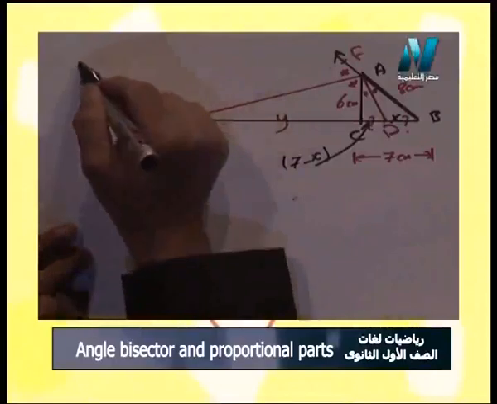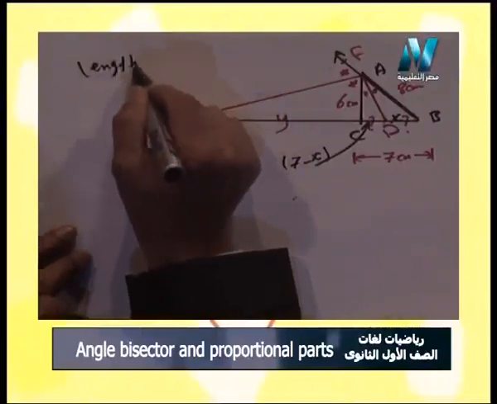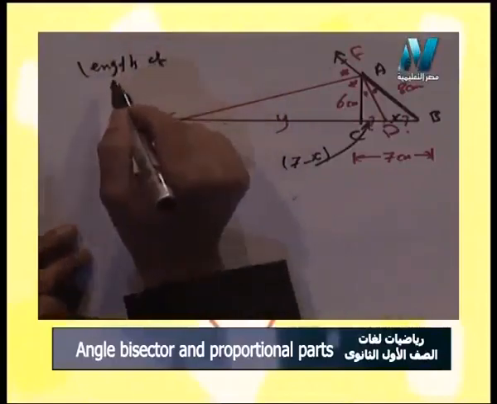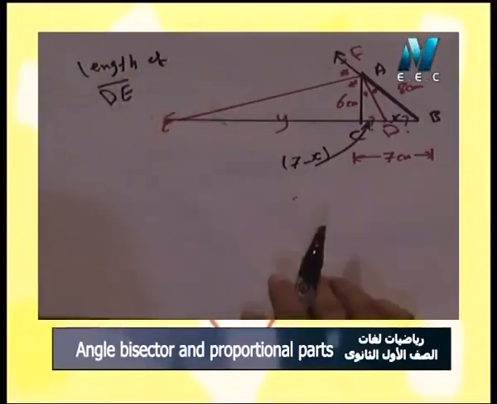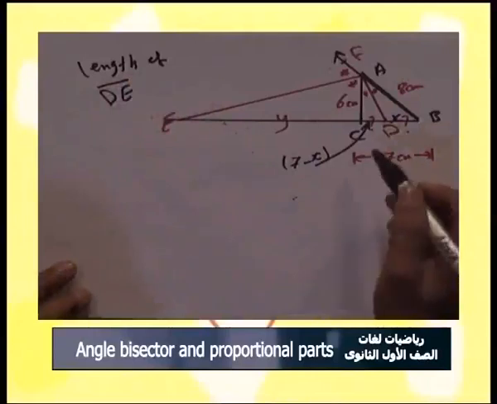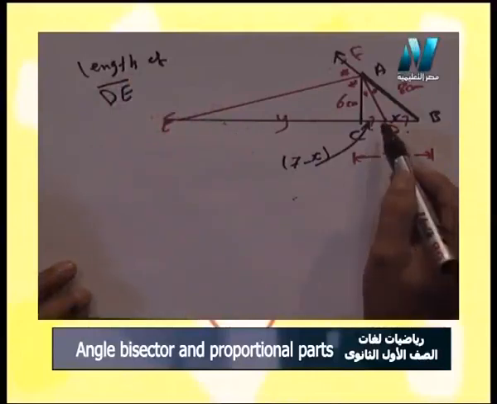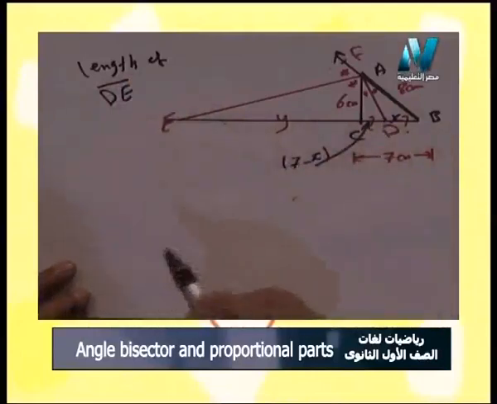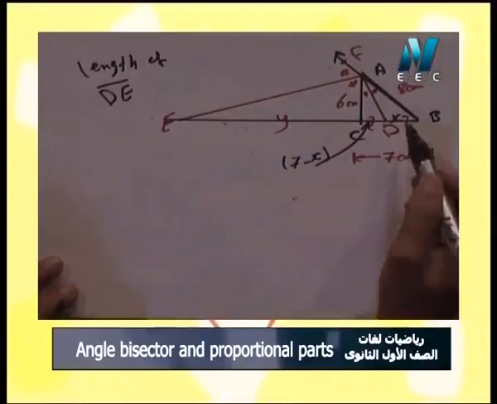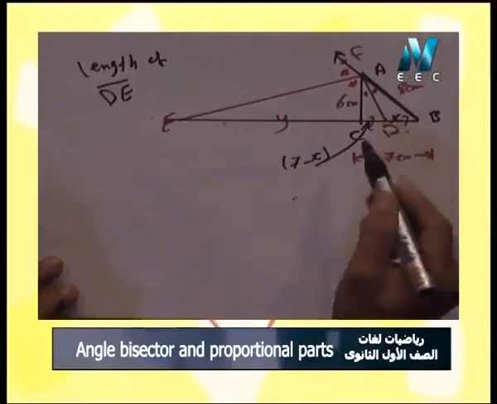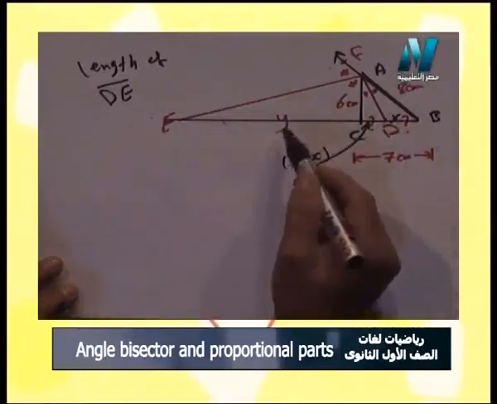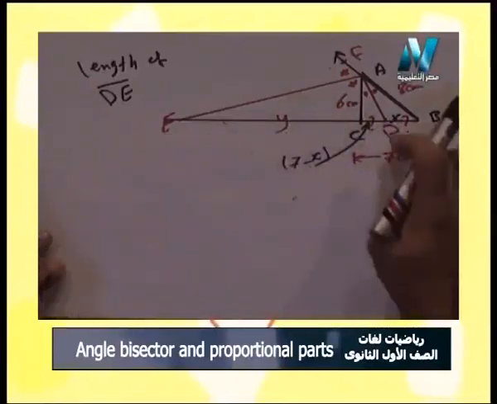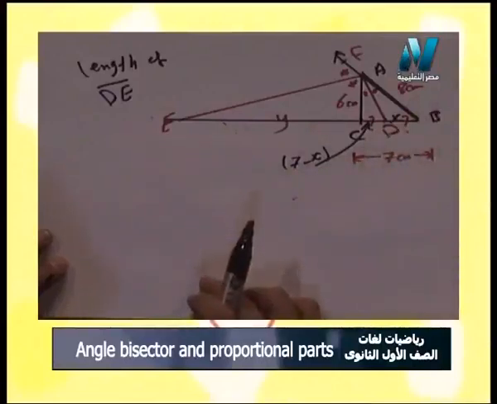The request is to find the length of the line segment DE. DE contains DC and CE. We have here DB equal x, DC equals 7 minus x, and CE we call it y. We will try to find the ratio.